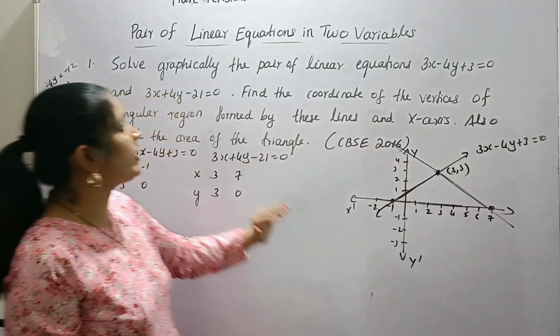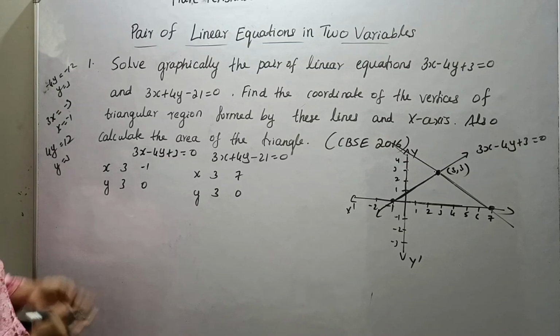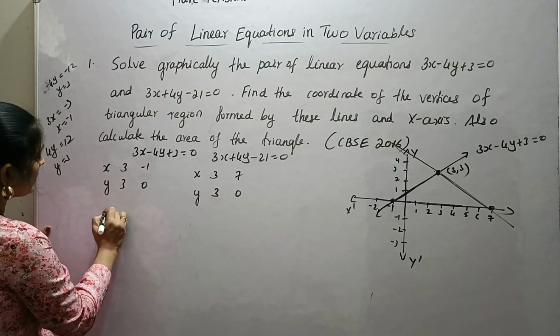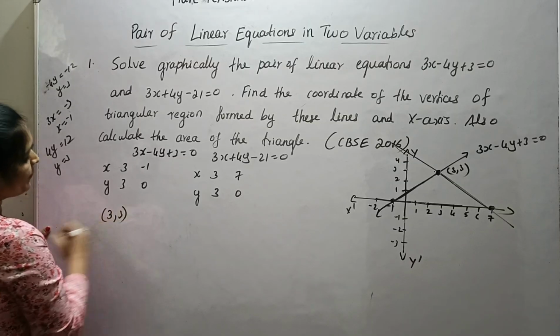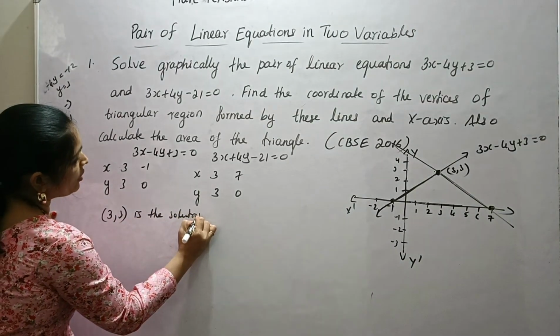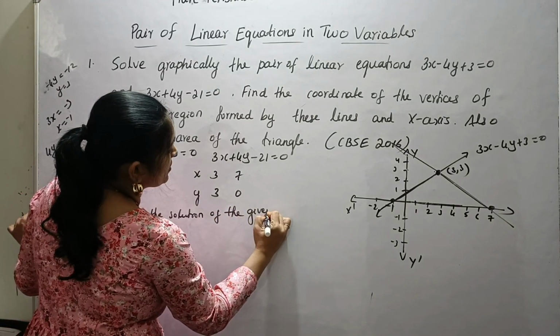It is the solution of the given pair of linear equations 3x minus 4y plus 3 is equal to 0 and 3x plus 4y minus 21 is equal to 0. Therefore, 3, 3 is the solution of the given pair of linear equations.